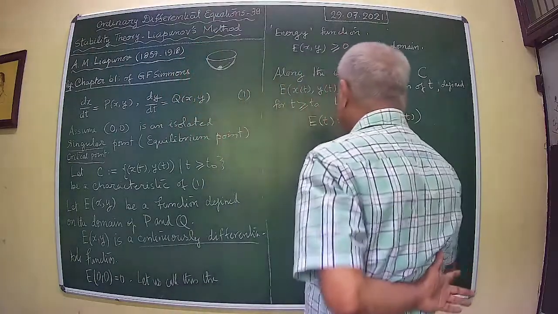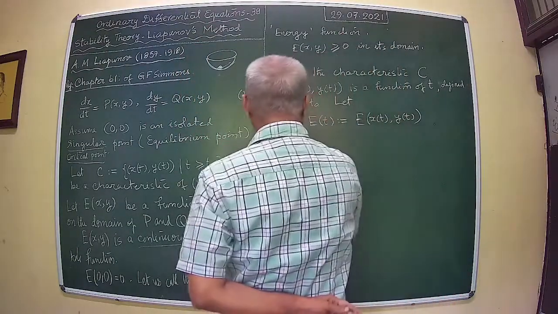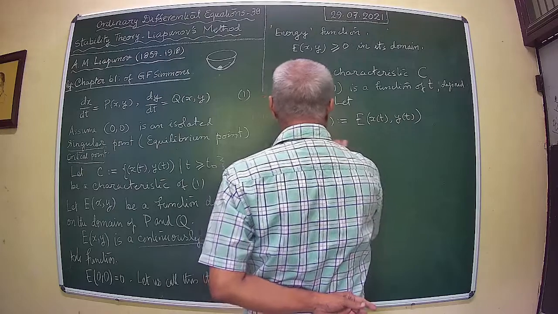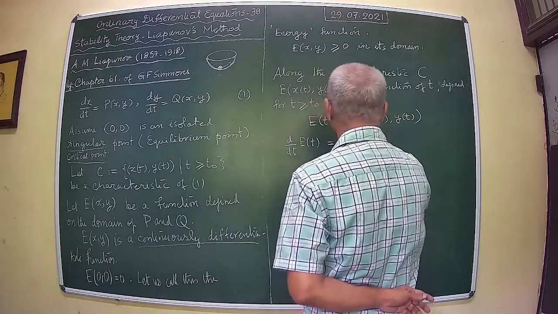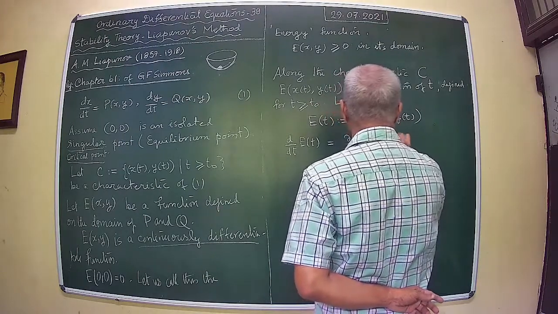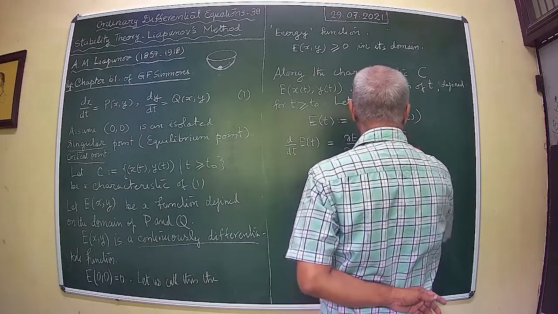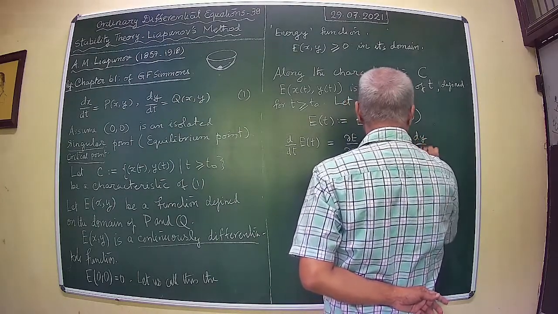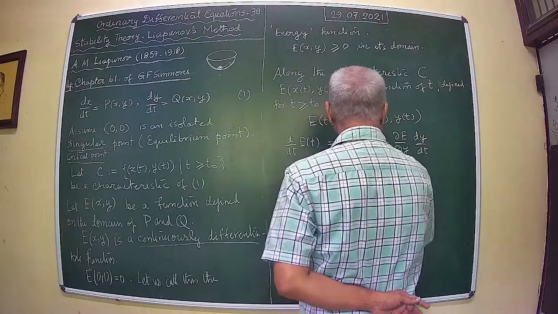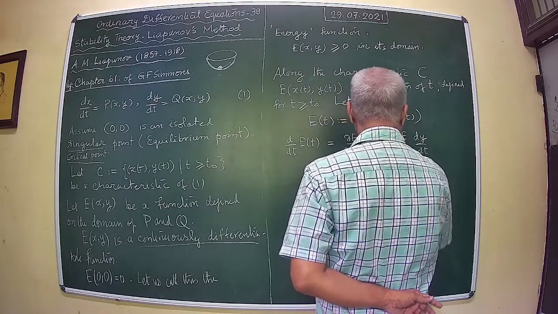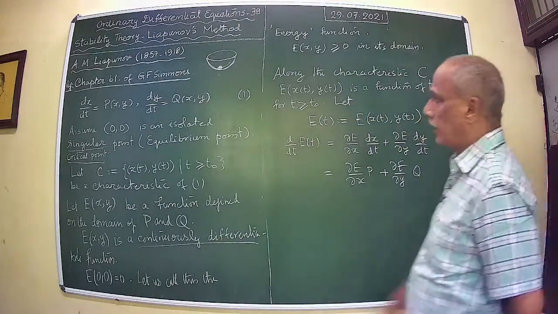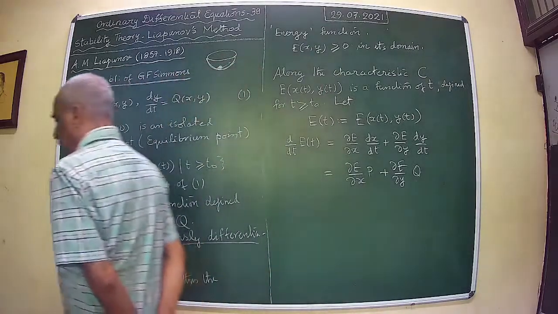Now compute the derivative of E with respect to t of this function. So d by dt of E(t) is equal to this, where p and q are the functions that appear in equation 1.